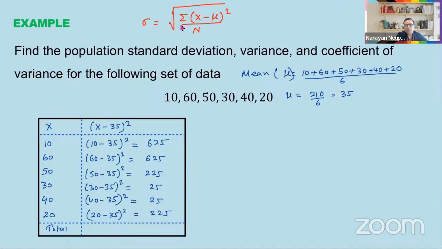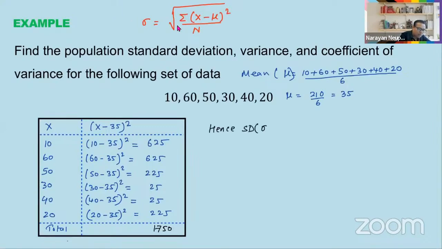Now, one more time, if you look at the formula, we need the sum of that. We have x minus mean squared over here, but I have a sigma. Sigma means you have to add all that, the sum of that. If you add all that, you get 1750, right? Hence, let's plug in the values.